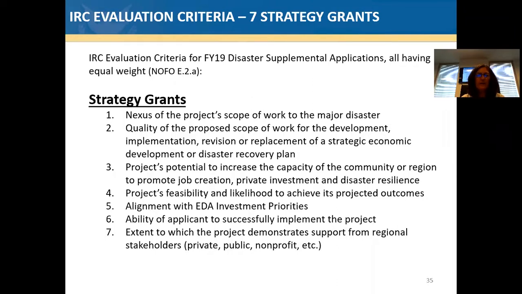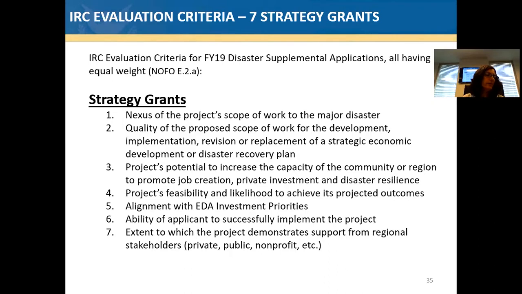We talked about increasing capacity, so that is tied to disaster resilience. Number 5, the investment priorities. Number 6, of course, the ability of the applicant to actually successfully implement and complete the project. And the extent to which the project demonstrates support from regional stakeholders.